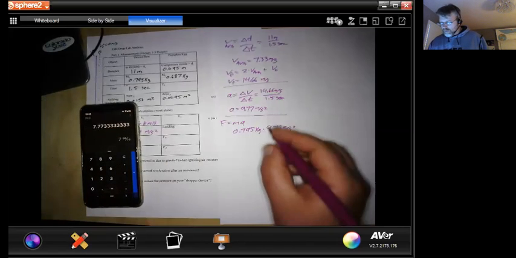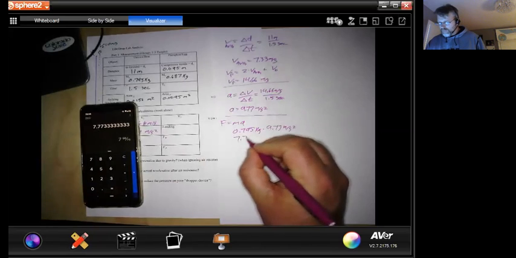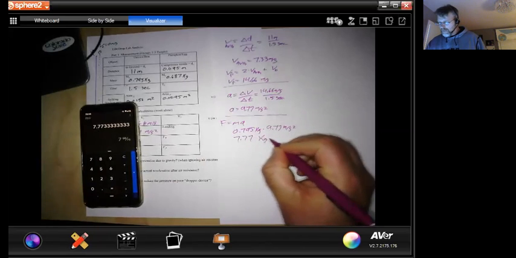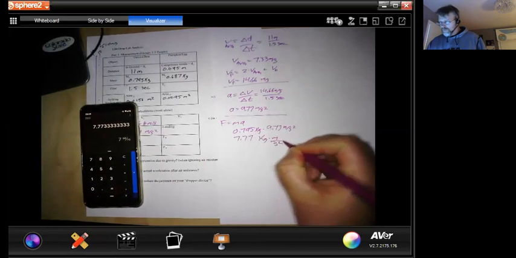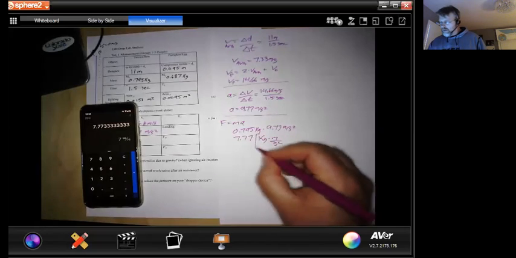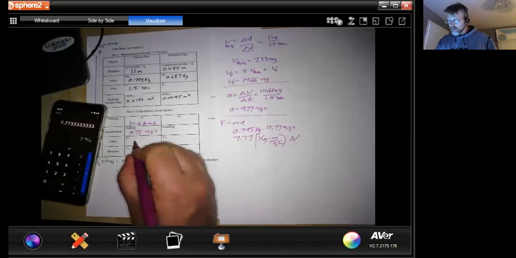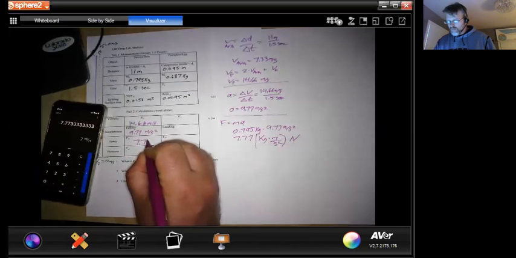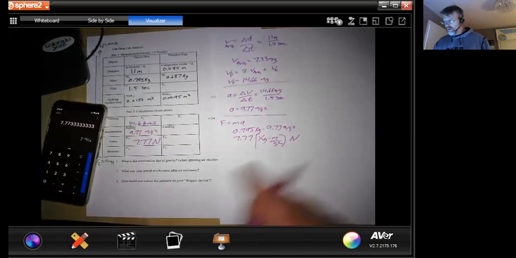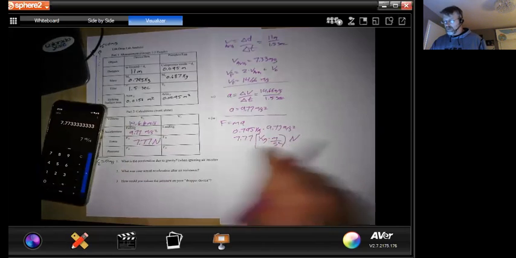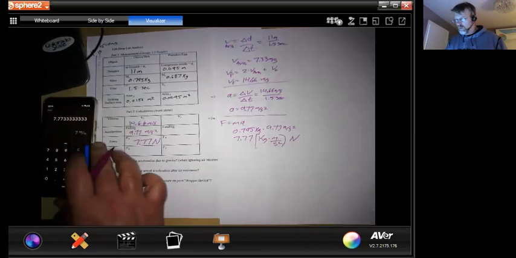So then we get, okay, this whole thing, remember, that is also newtons. That's why we need to have those units. So we can just write this down as newtons.